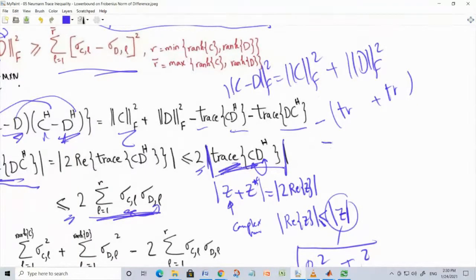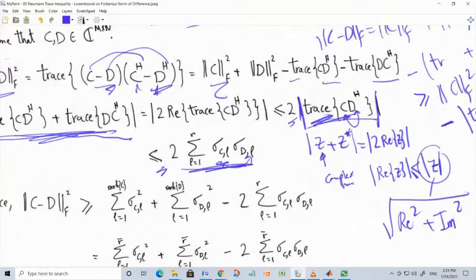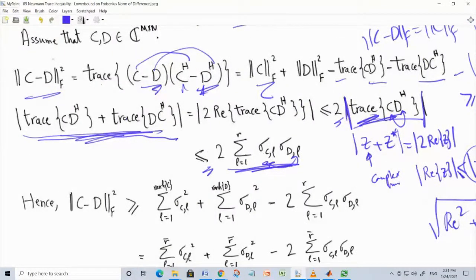And this is always greater than or equal to the same expression with a minus and a magnitude of the trace, because if you have minus a quantity, it is always greater than or equal to minus its magnitude. We have an upper bound on this magnitude, and if you multiply both sides by -1, the inequality is reversed and we get a lower bound.